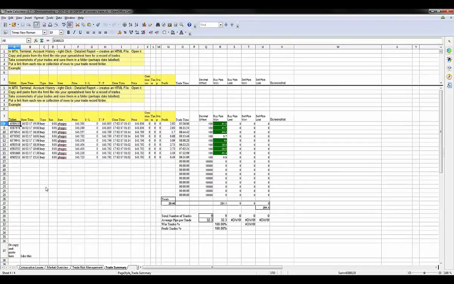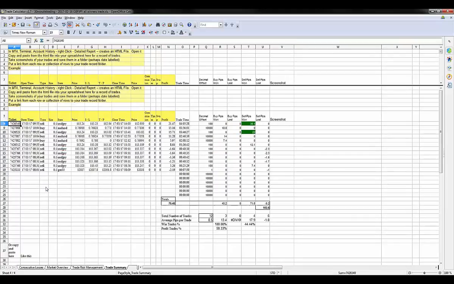Now we're going to paste those into here, so paste it into there. There we are, and it gives us the profits on each of those individual trades and includes the losses.